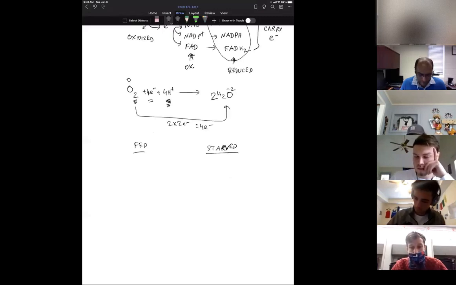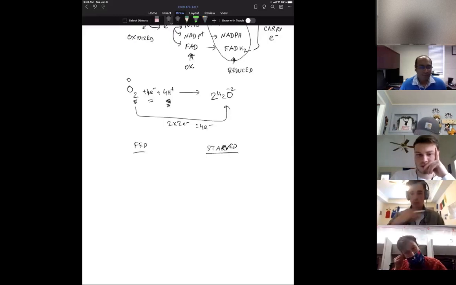Okay. So after the fed state, we make a lot of glucose in the blood, and that glucose has to be picked up by cells. Okay, and that is triggered by insulin.